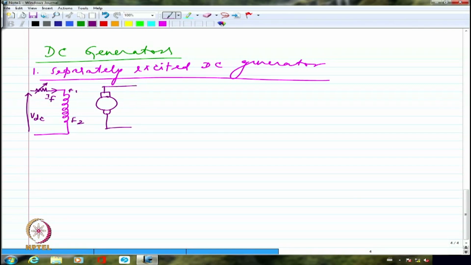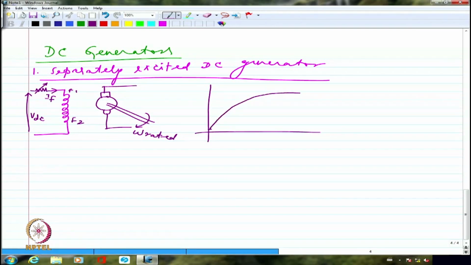I can initially plot the open circuit characteristics just by adjusting the rheostat value, or I need not even switch on the field to start with, and then I can just measure what is the voltage that is developed when I am rotating this at omega rated. I can measure how much is the voltage. Once I measure the voltage, I will get the residual EMF that is generated. So I'll be able to plot what is my OCC.